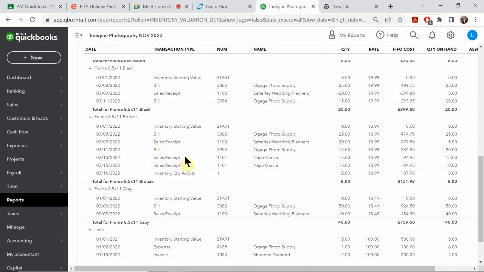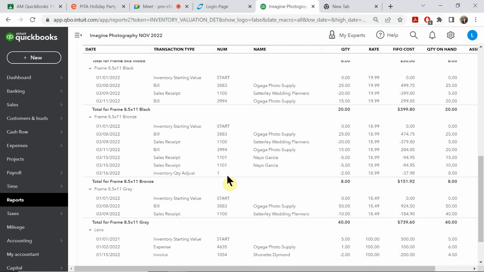I sold it, and I made 1 inventory adjustment. So this gives me a track record of where my inventory was, where it came from, where it went, and what other things I did to change it. So it gives you a track record of everything here. That's what I want you to see. So that's the inventory valuation.